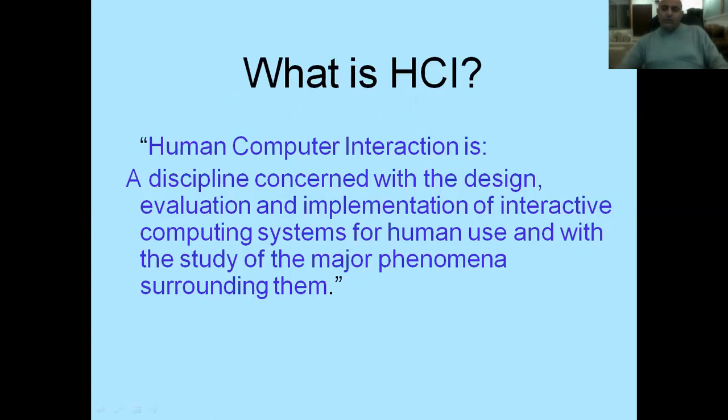Let us talk about HCI, which is human-computer interaction. Human-computer interaction is a discipline concerned with the design. We should take into consideration the design, the evaluation, and the implementation of interactive computing systems, interactive, not any computing system, for humans' use and with the study of the major phenomena surrounding them.